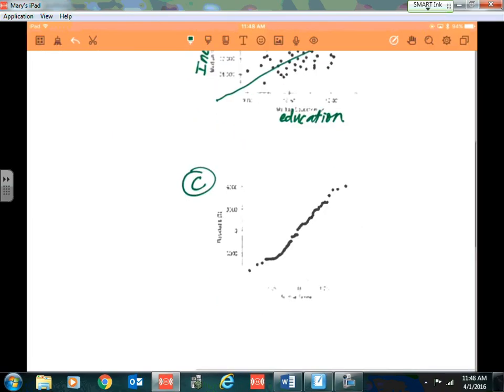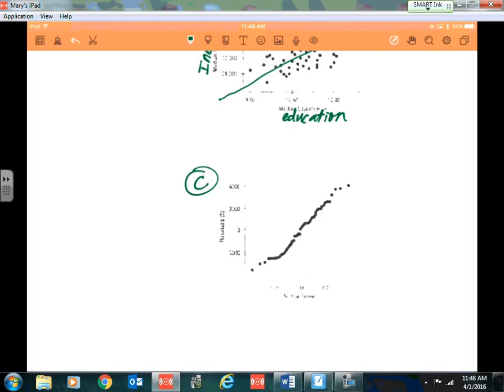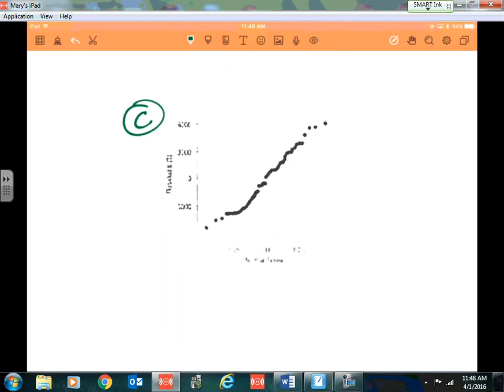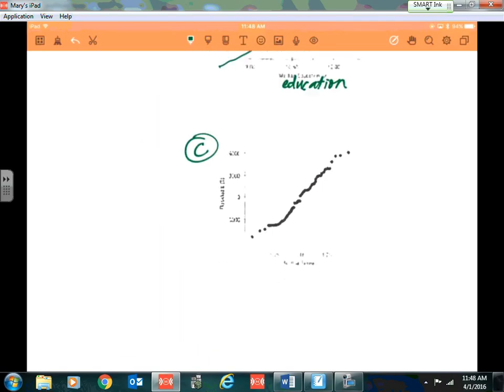Okay, graph C is a kind of graph that you have not ever seen before. And so I want to tell you what it does for you. Okay, graph C at the bottom says normal scores. And on the y-axis, it says what? Residuals. Okay.